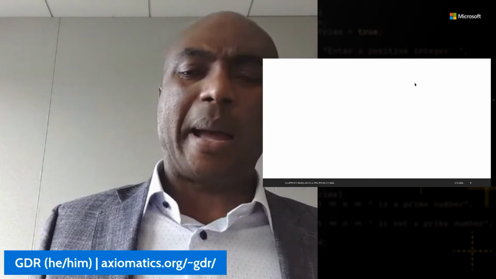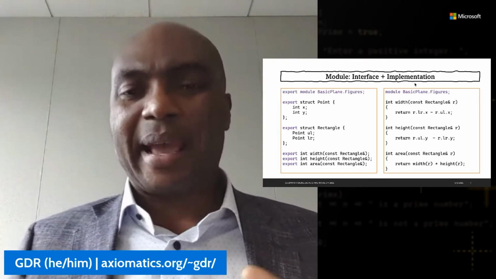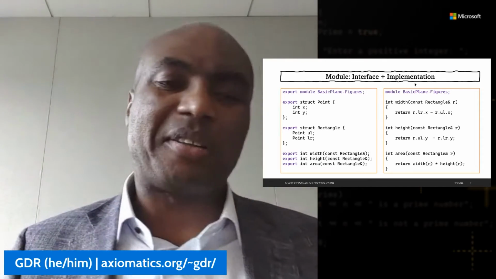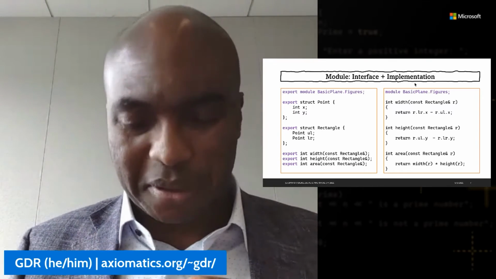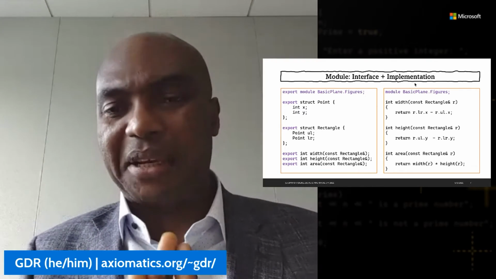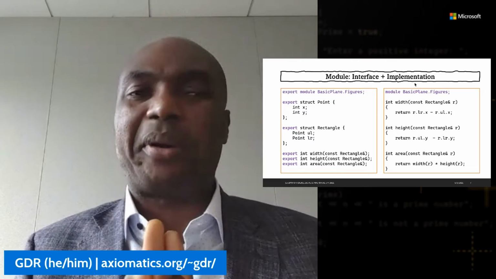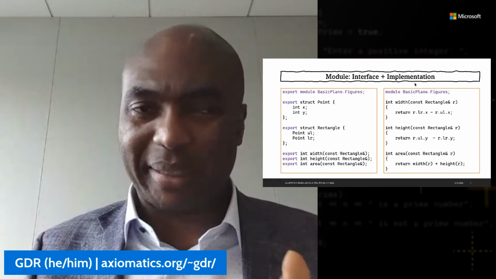So before I move on to the next issue, I wanted to just have you see clearly what is happening here. In conventional software development, you usually have this notion that you have a separation between interface and implementation.